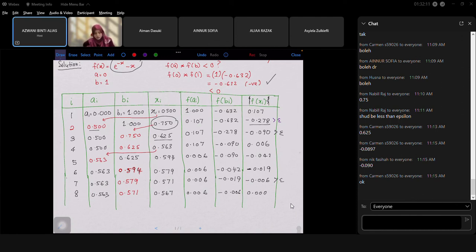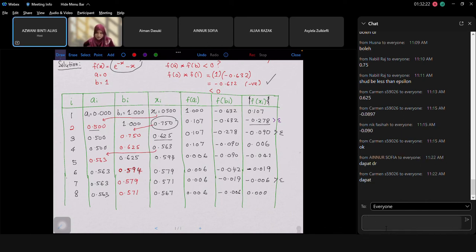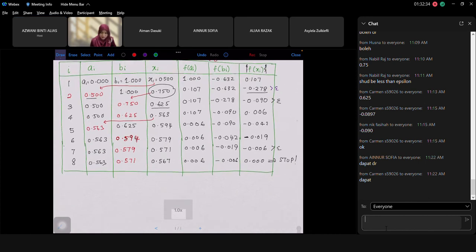Final Fx untuk X adalah 0.567, akan dapat kosong. Dapat. Yeay. Boleh stop ke nak proceed lagi ni? Stop lah kat sini. Dah stop lah. Tak payah nak proceed lagi dah, stop. Okay, so mana jawapan akhir dia? Stop kat situ, stop pengiraan kita sebab dah satisfied.